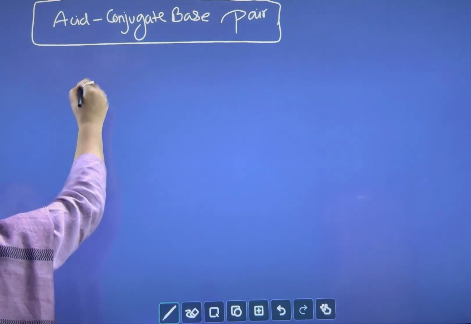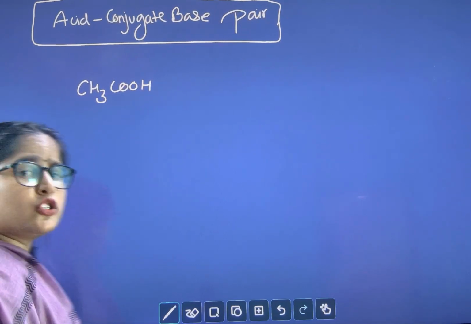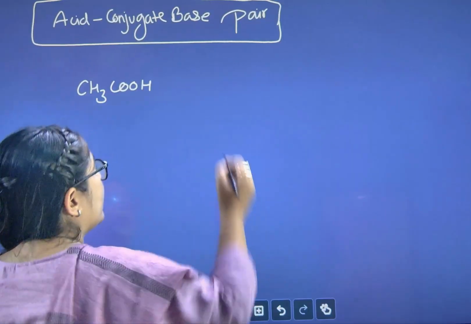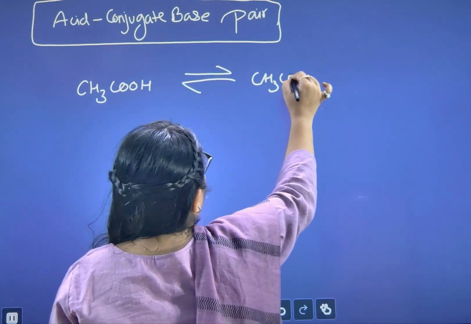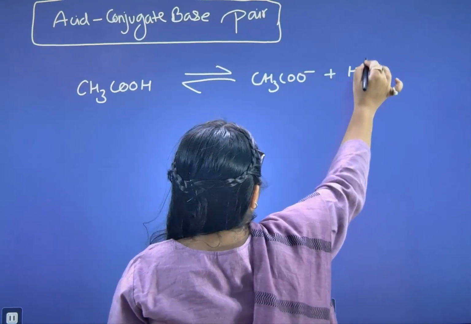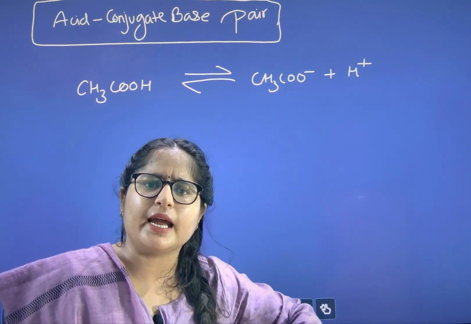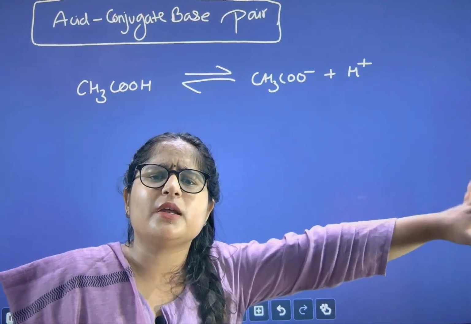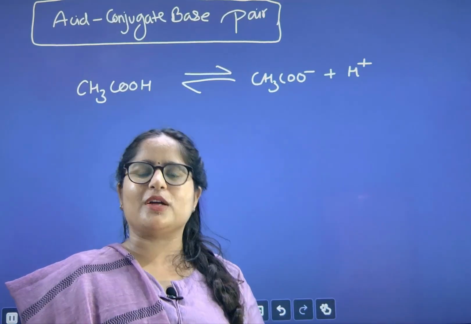The first concept is acid conjugate base pair. Let us take any acid. I have taken CH3COOH. Whenever we mix it with water, it will dissociate. How? CH3COO minus plus H plus. Now you see here, from an acid after removing hydrogen, whatever you will get, that is our conjugate base.